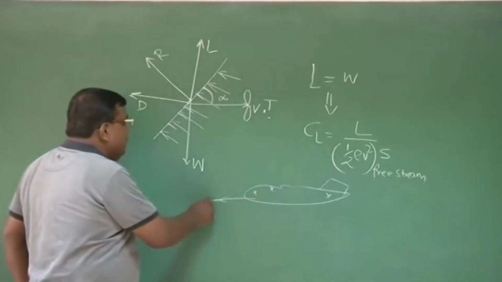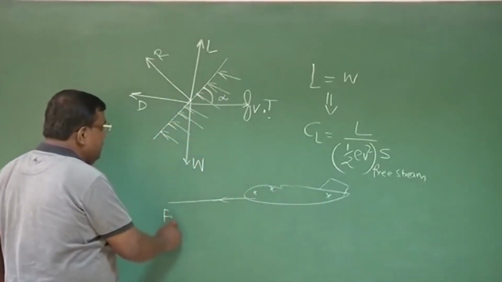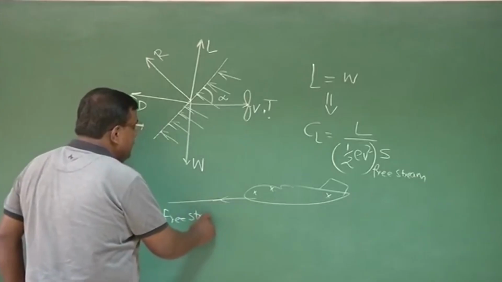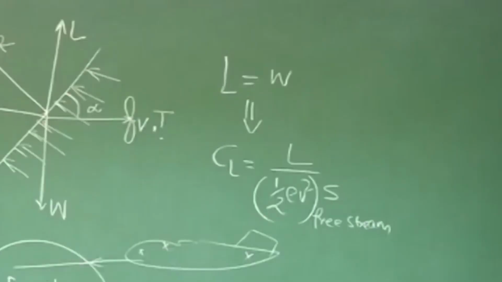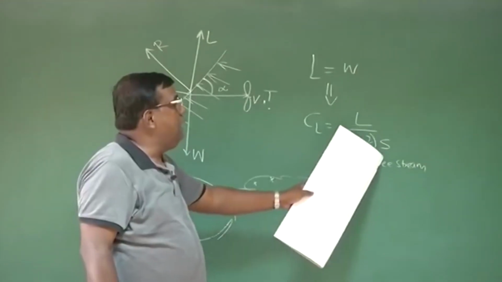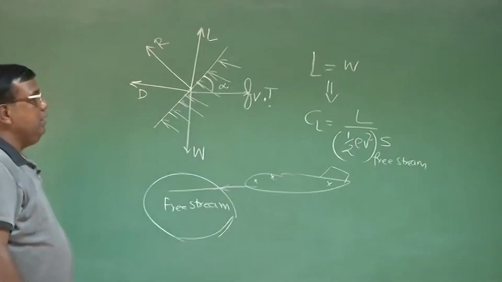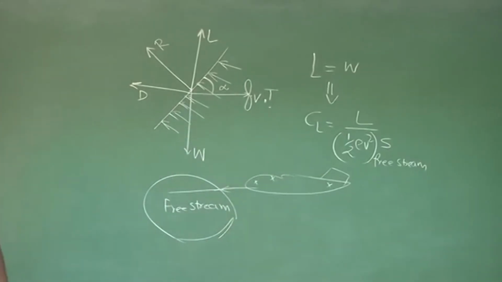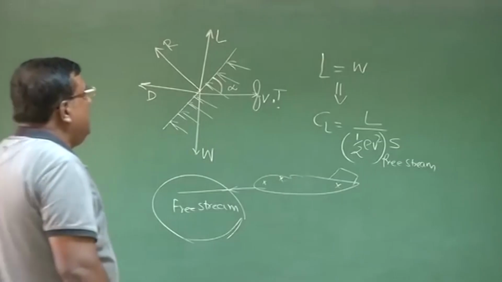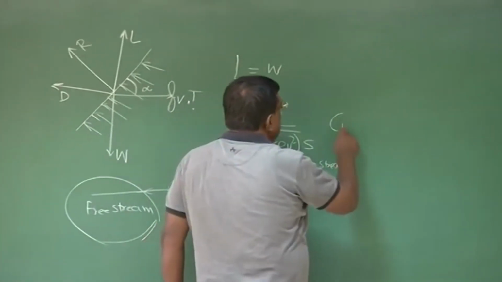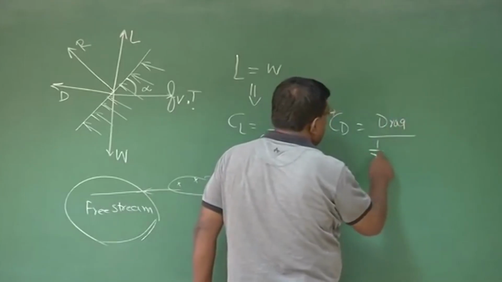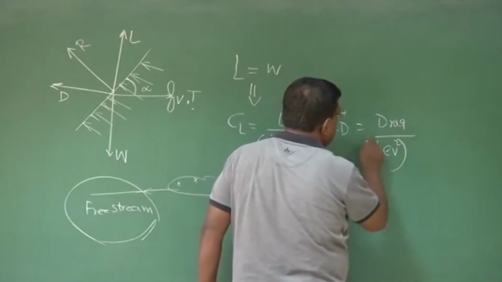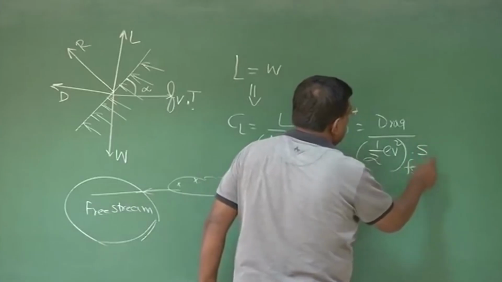For that, we choose the free stream condition, meaning that this condition is not affected by the presence of the body, and that is half rho v square, the free stream dynamic pressure, and S is the reference area. By now you know that S is the wing area for aircraft, right? Similarly, CD, we have drag, non-dimensionalized with dynamic pressure, again free stream, and wing area, right?